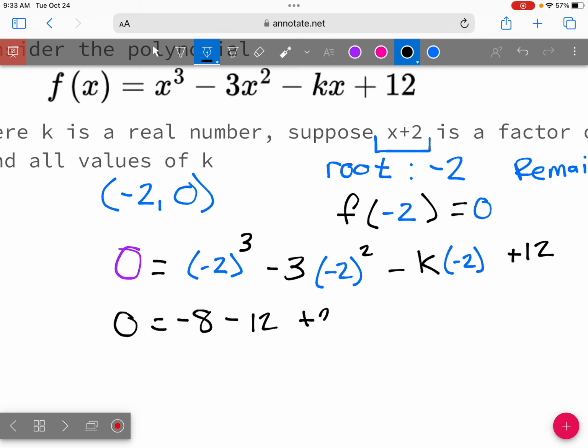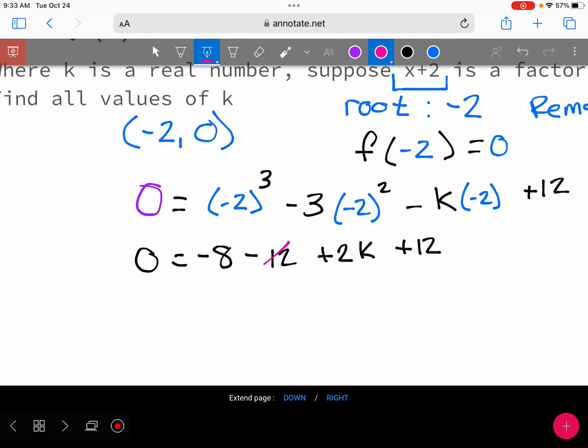Plus 2k. Plus 12. The 12s cancel. Fine way to think about it. Add 8 to both sides, and so we get 8 equals 2k. So what does k equal? 4. That's all?